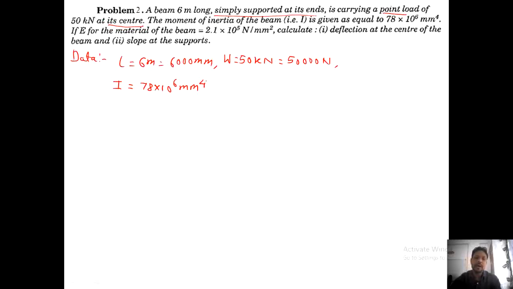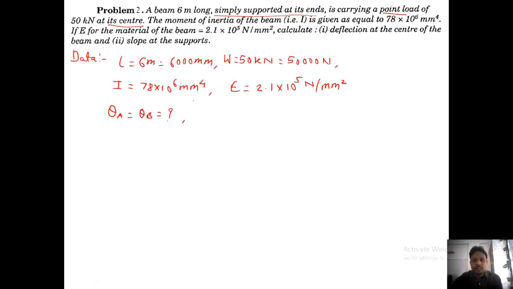In first numerical we calculated I as it was a rectangular section, so BD cube by 12, but here it is directly given. Young's modulus is given as E equal to 2.1 into 10 raised to 5 Newton per mm square. Okay, and what is to be calculated? Slope, that is theta at A or B, as it is a simply supported beam. If it is a cantilever beam, then only slope theta.